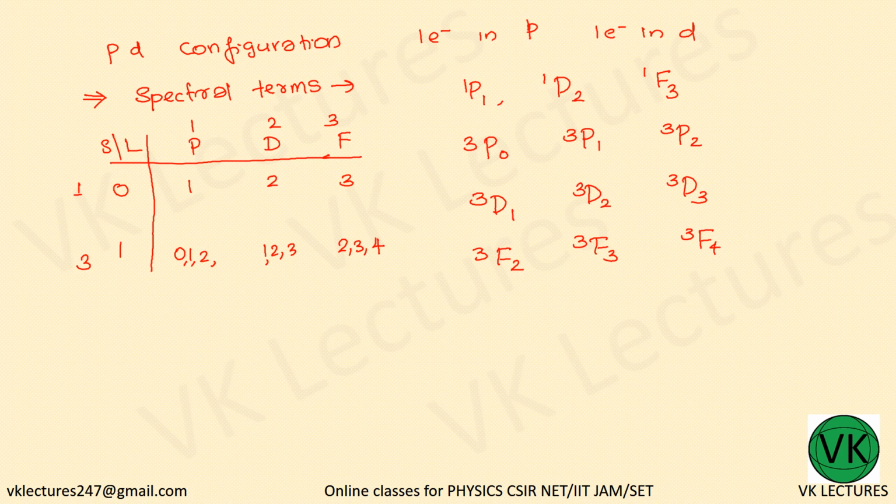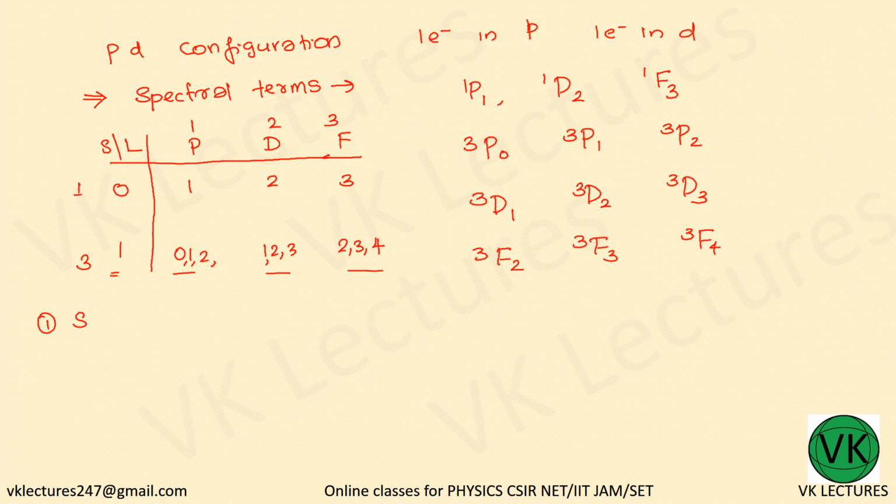Now we need to apply Hund's rule and find out which state has the lowest energy. The first one is regarding the S. The higher the S value, the lower the energy. So the S value is higher here, and here you will have the lowest energies.